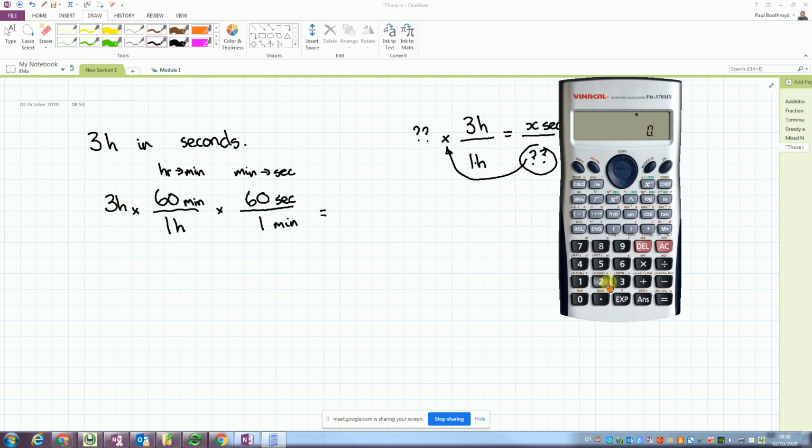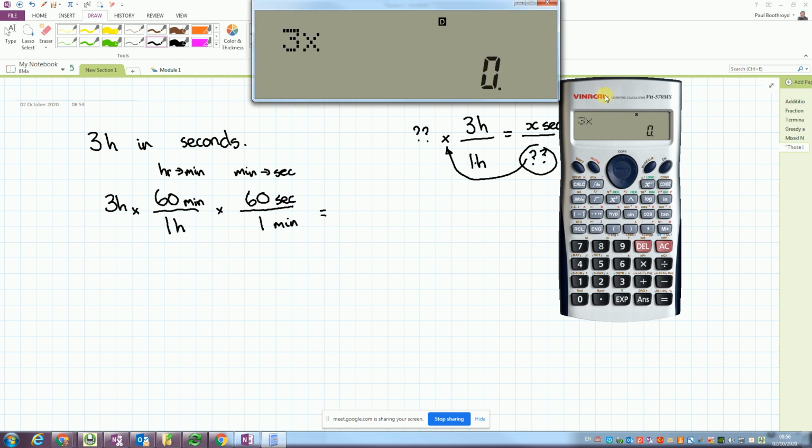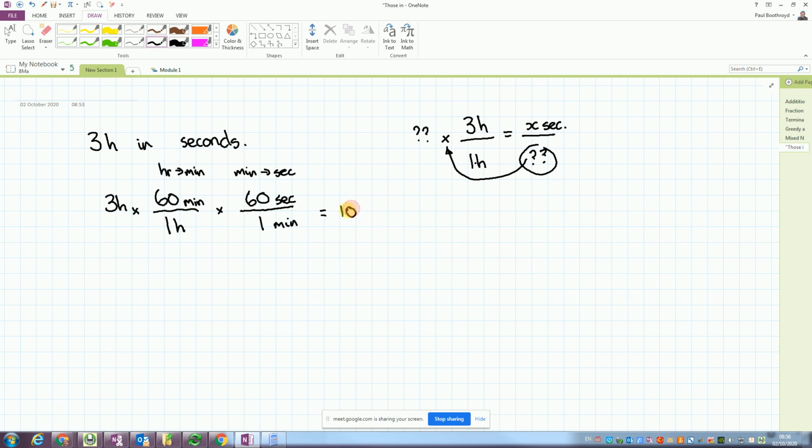So I'm doing 3 hours times 60 minutes, divided by 1 hour, multiplied by 60 seconds, divided by 1 minute. So this will do my conversion, which will give me 10,800 seconds.